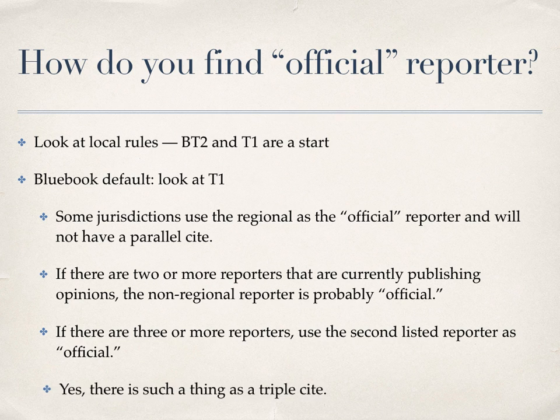And yes, at one point there was such a thing as a triple cite, and some folks, you might even work for one of these people one day, will want you to actually triple cite your cases, which means you'll provide a citation to the Northeastern, the Illinois Reports, and the Illinois Decisions if you were citing an Illinois Supreme Court case from before 2011.